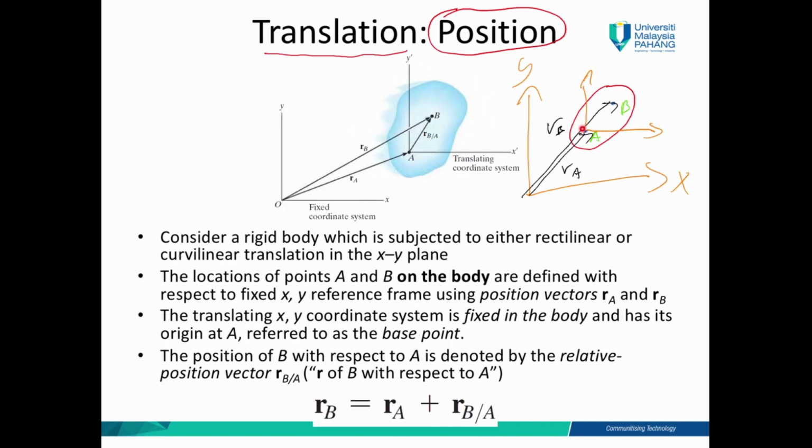And using that translating coordinate system, you can define the relative position of point B compared to point A using another vector, right? Another position vector. So let's say we define it from here to here.